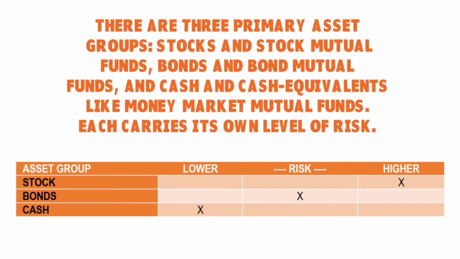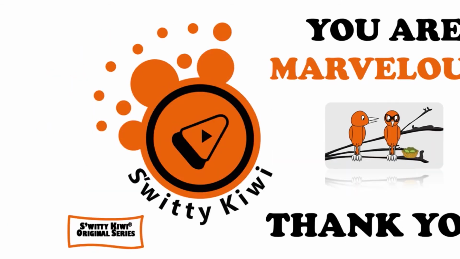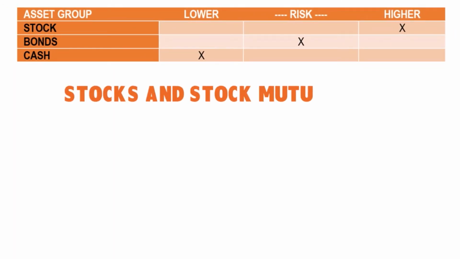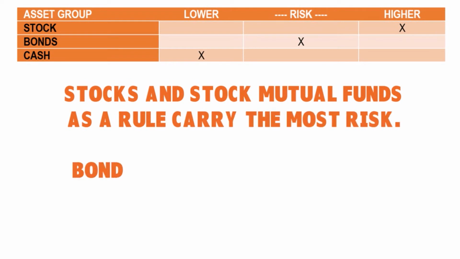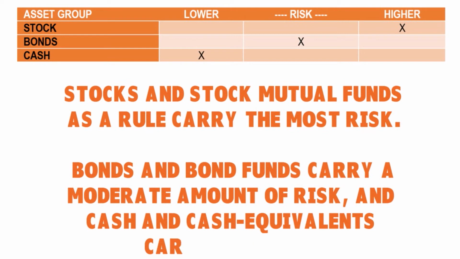You have the asset group: stocks, bonds, and cash. For cash, the risk is low. Bonds have medium risk. And for stocks, you have higher risk. So stocks and stock mutual funds, as a rule, carry the most risk. Bonds and bond funds carry a moderate amount of risk, and cash equivalents carry the least.